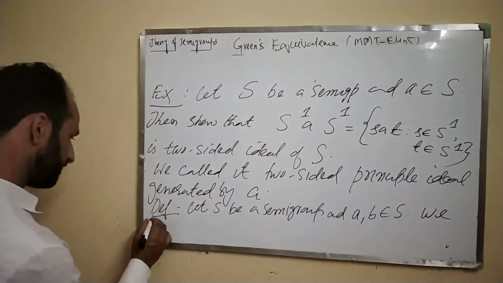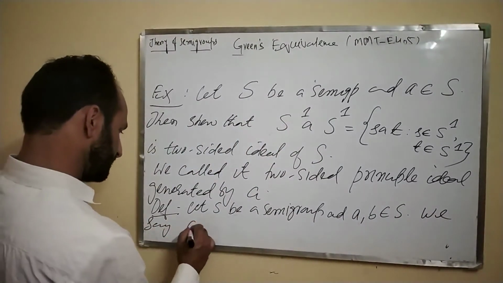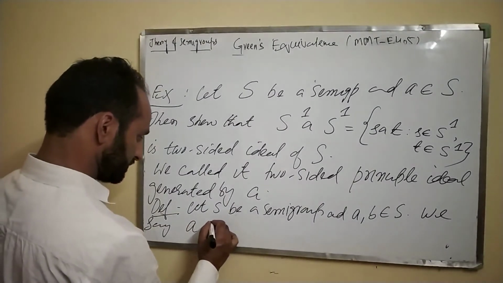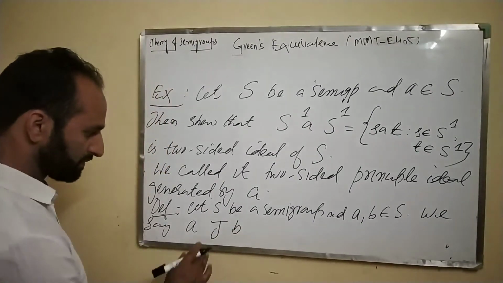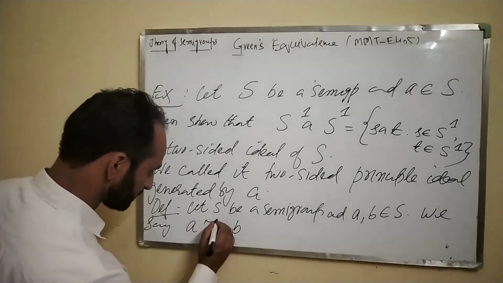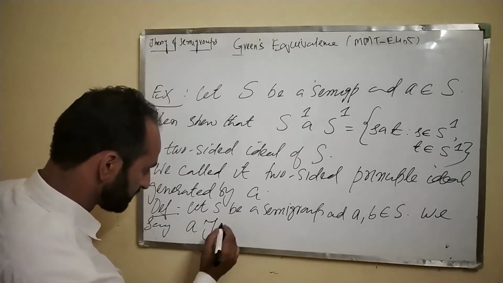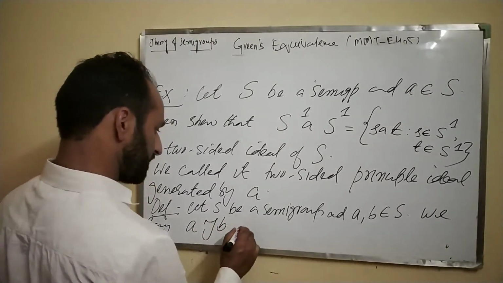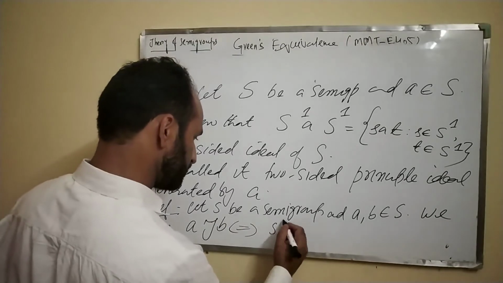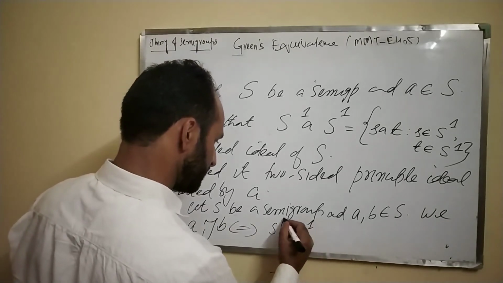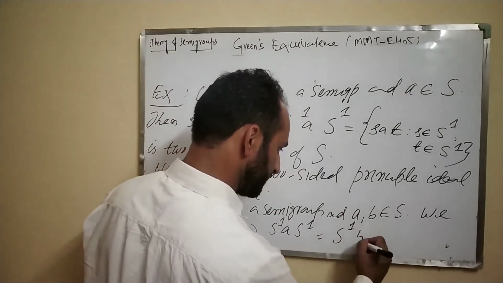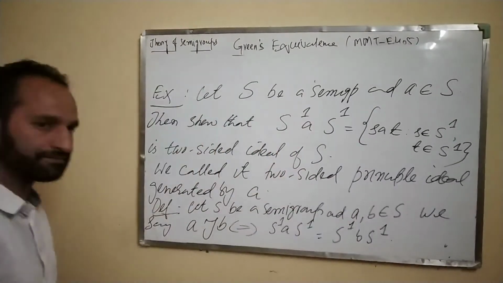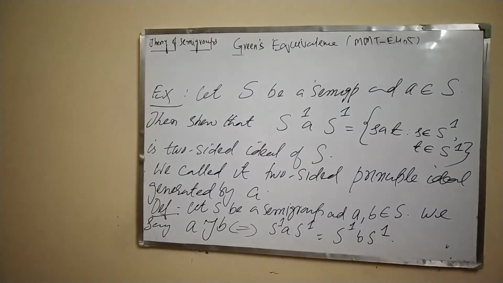We say A is J related to B if and only if the principal two-sided ideal generated by A is the same as the principal two-sided ideal generated by B. That's the J relation.